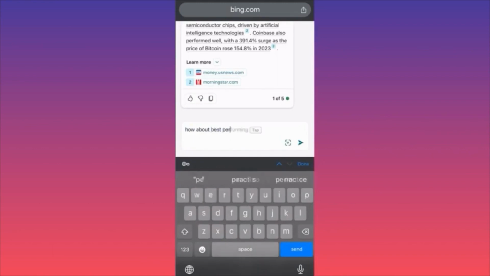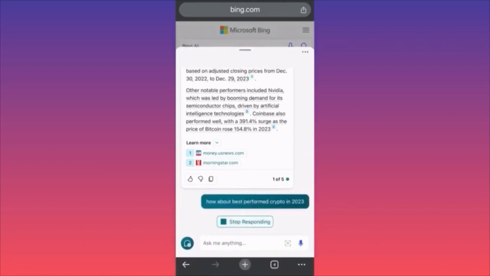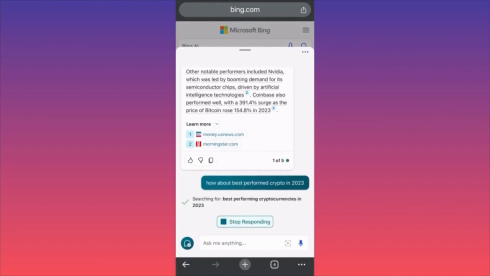How about best performed crypto in 2023? Let's see, can we get some information about the cryptocurrencies as well? It's very, very interesting.